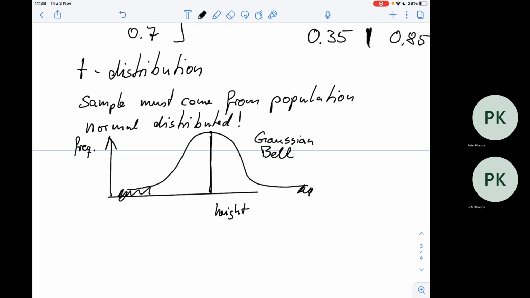And our population has to look like that. Of course, we don't know what the population looks like because, if I just pick a few people and measure their height, I get my continuous data, but I'm not entirely 100% sure that the entire population is normal distributed. I could have a population, for example, where I have either midgets or basketball players.